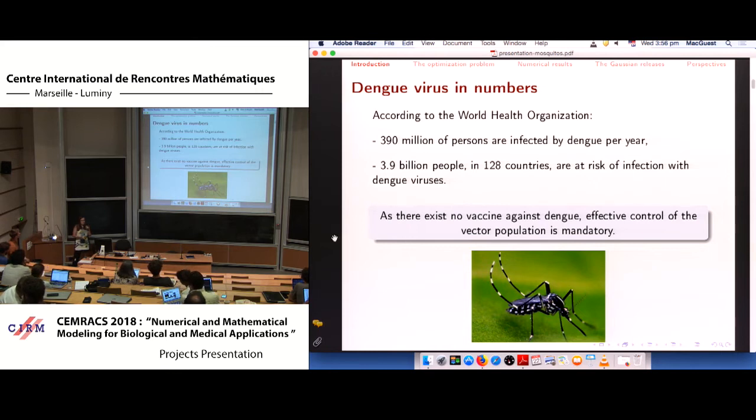The vector of this disease is mosquitoes of the genus Aedes. We say it is a vector because the disease needs the mosquito to be transmitted from one human to another. It is easy: if one human has dengue, a mosquito bites him, and if it then bites another human who was not infected, that person becomes infected.